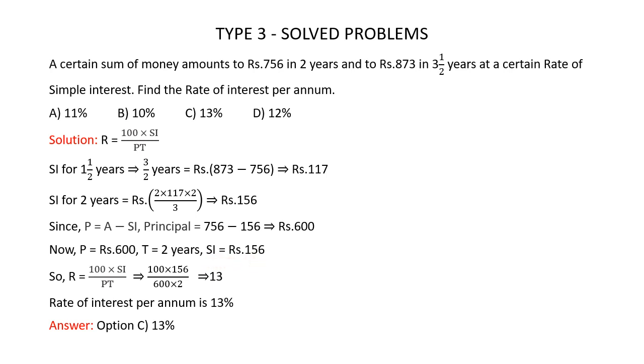So substituting these values in the formula here, we can find the rate of interest. So R is equal to 100 multiplied by 156 divided by 600 multiplied by 2. On solving this, we get R is equal to 13, which means the rate of interest per annum is 13%. So the correct answer is option C, 13%.